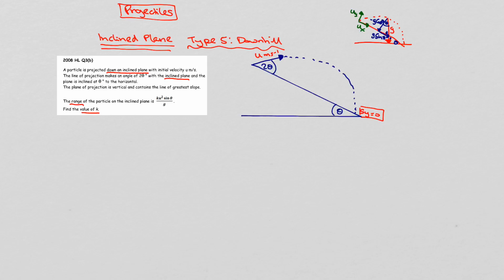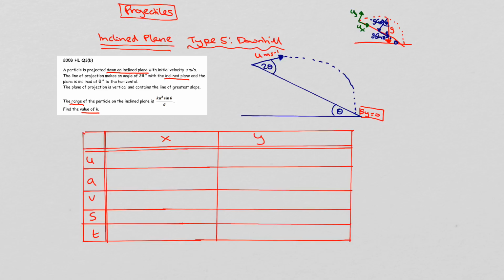So if we fill out our table, again press pause, u, a, v, s and t, and you're going to work out your table in terms of u, a, v, s and t in the x and the y direction for me. So if we look in the x direction, we're going to have u cos alpha. So again, alpha in this case is your 2 theta and beta is your theta. So if we have u cos alpha, that's going to be u cos 2 theta.